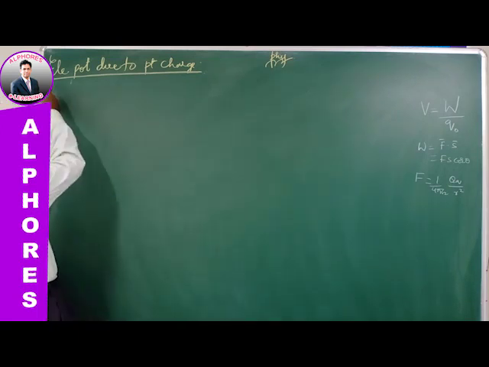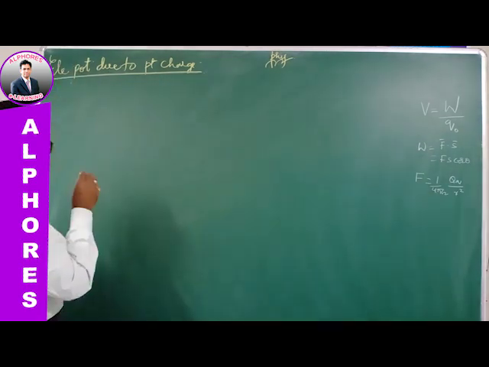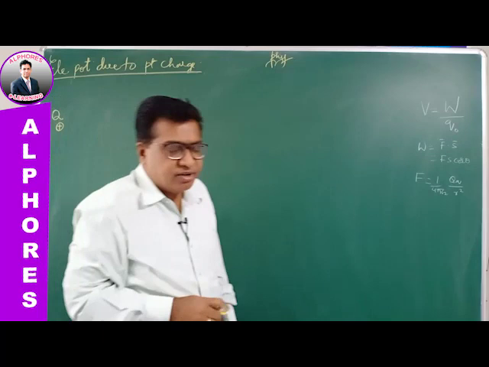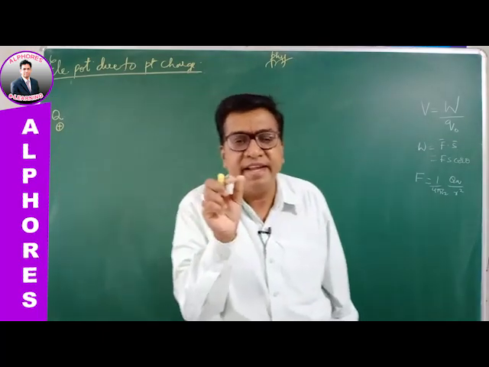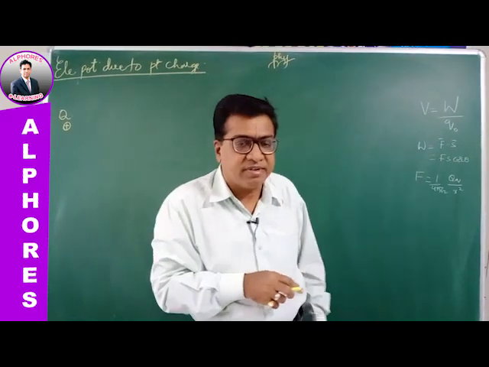We have to now find a formula for the electric potential due to a point charge. Now first consider a point charge. Now this is a point charge Q. Now what is a point charge? I was telling you, any charge whose size is negligible when compared to the distance of the point of consideration.